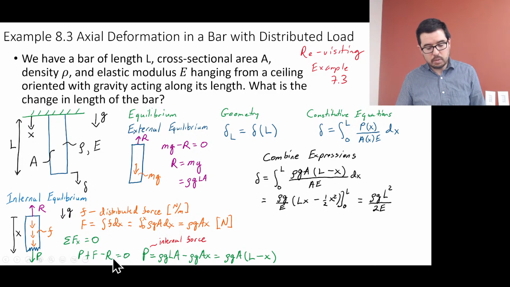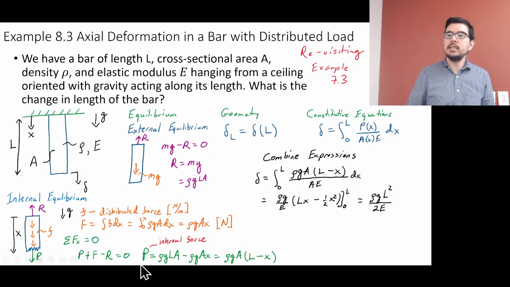And so we get this equilibrium. And once again, we can solve for the internal force P, okay? And we get the following. Using R, which we calculated up here, minus this new term, the big F, okay, we get this expression for the internal force, P.